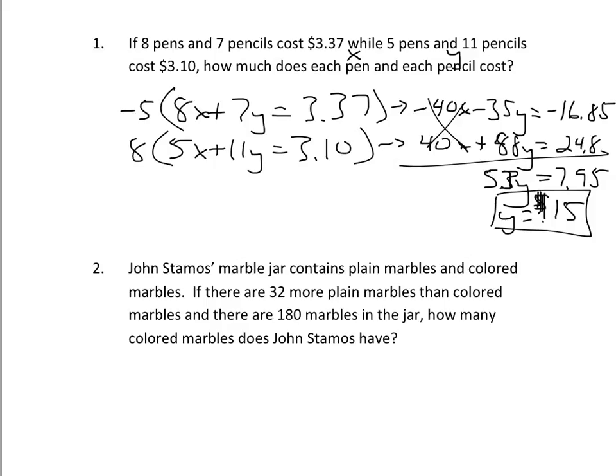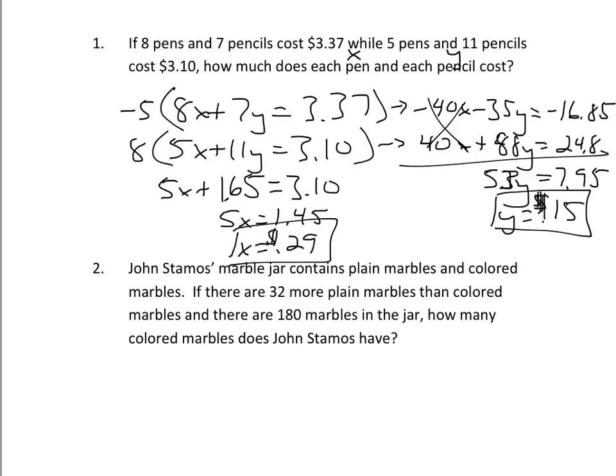Now we take that y and plug it back in to solve for x. I'll just use the bottom equation. So we've got 5x plus 11 times 0.15, which is 1.65, equals 3.10. So we've got 5x equals 1.45, and x equals 29 cents. So pens cost 29 cents and pencils cost 15 cents.